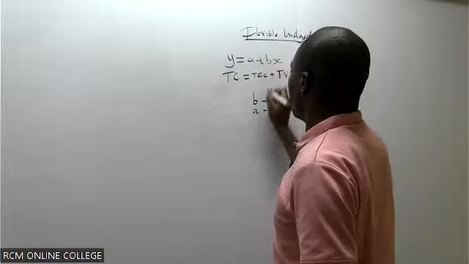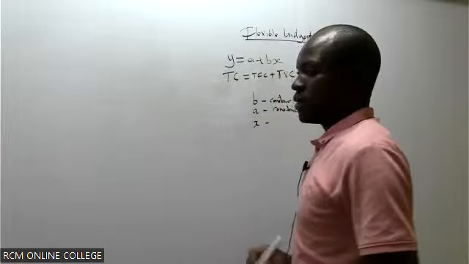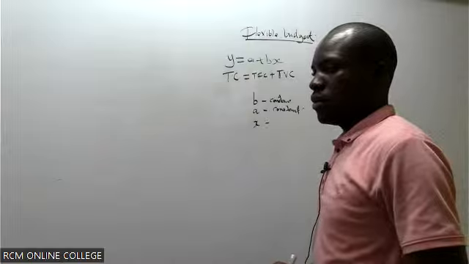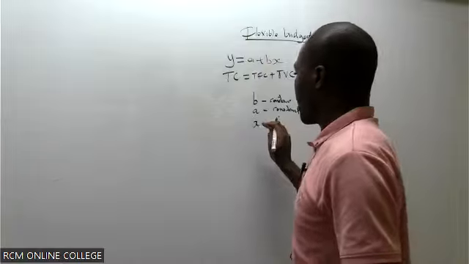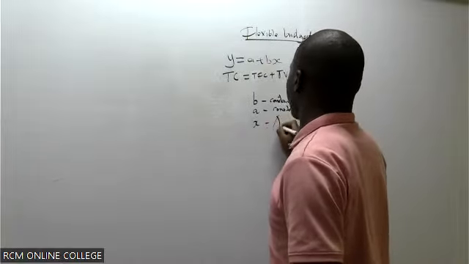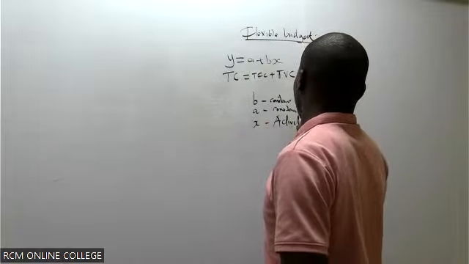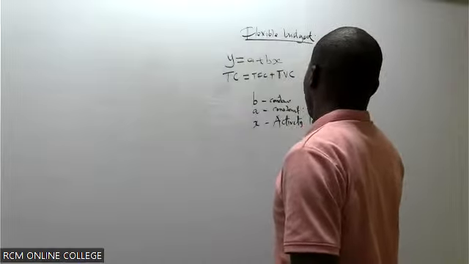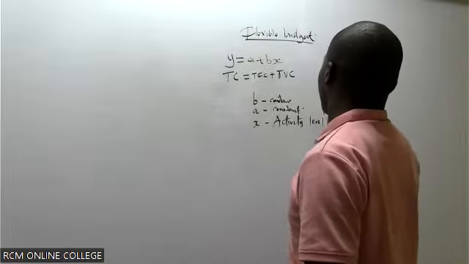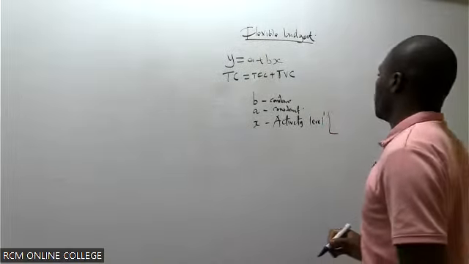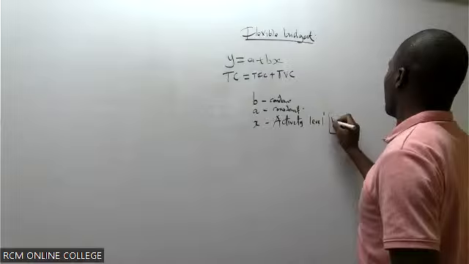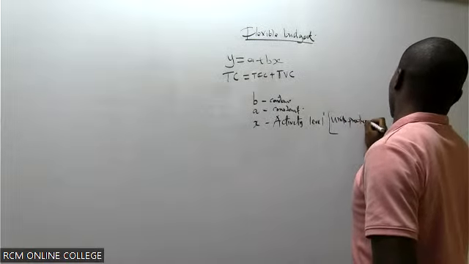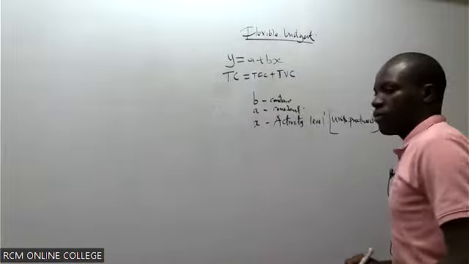The only thing that's going to change is what? X. This X here is what you call the activity level. And when you're dealing with the budget here, this activity level in most cases will be units produced.